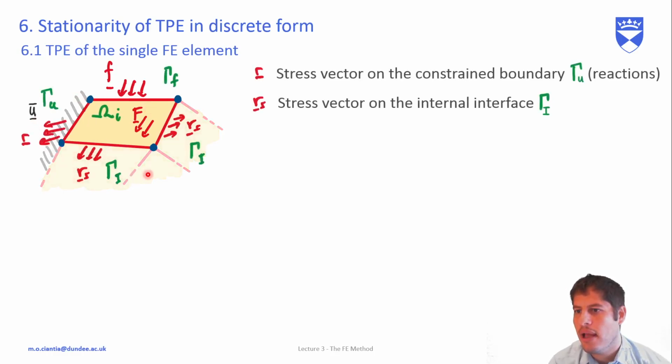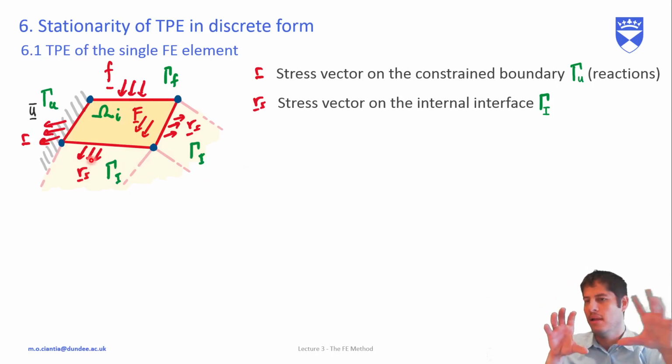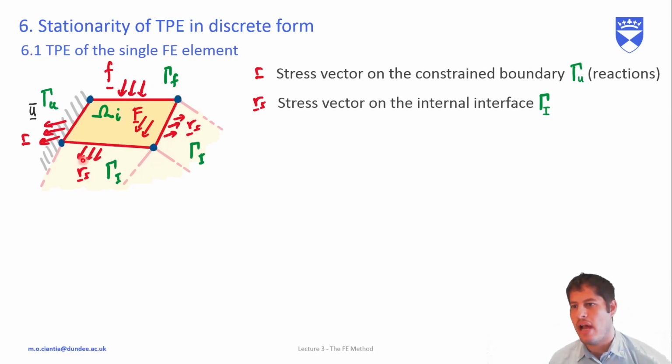If we highlight it and look at it by itself, we can introduce R as the stress vector on the constrained boundary gamma u, and Ri as the stress vector on the internal interface gamma I. If we isolate this element from the rest of the mesh, these reactions between the other elements appear, and so we have this little poor element omega I with some external boundary forces, body forces applied to it, reactions at the boundary, and internal reactions at the interface.